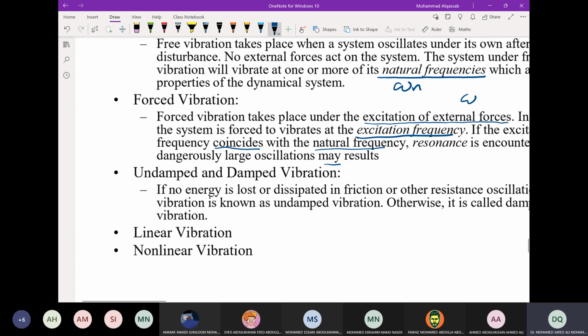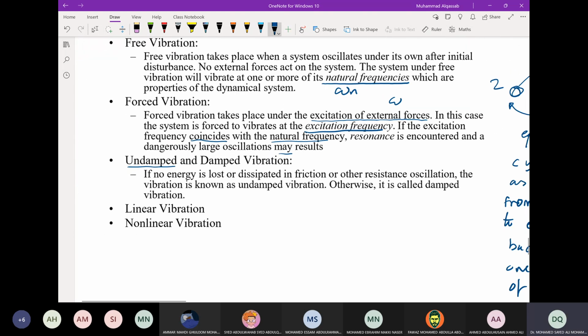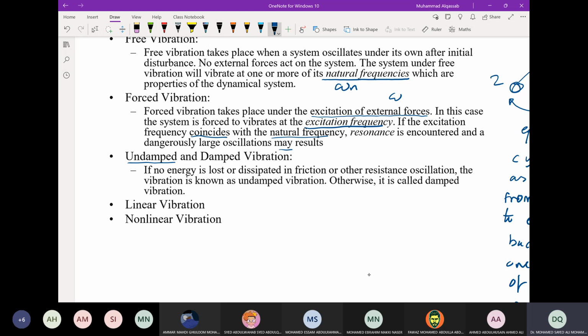Other categories are undamped and damped systems or vibrations. The definition is that if no energy is lost or dissipated in friction or other resistance, the vibration is known as undamped. Otherwise, it is called damped vibration.